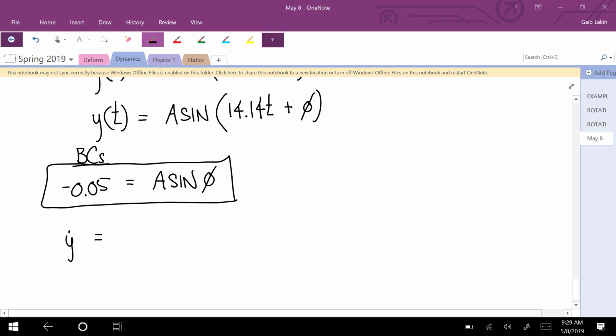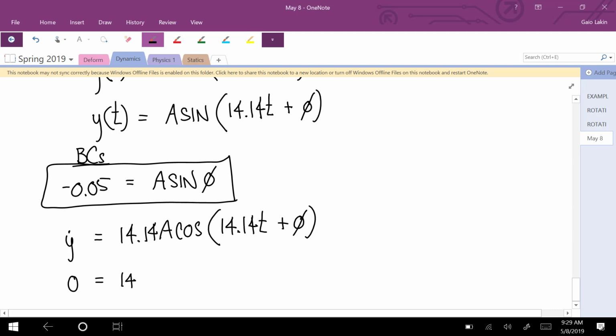Y dot is equal to 14.14 A times cosine of the quantity 14.14 t plus phi. And so the second boundary condition says 0 is equal to 14.14 A times cosine of phi.